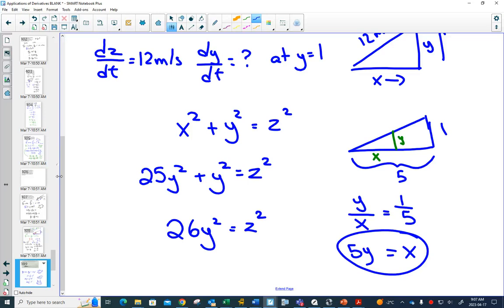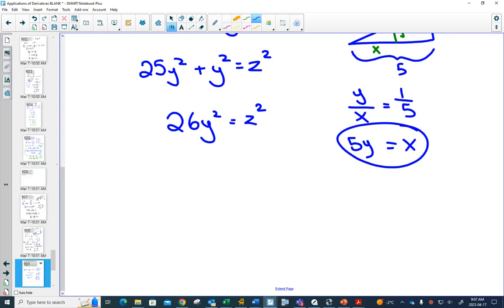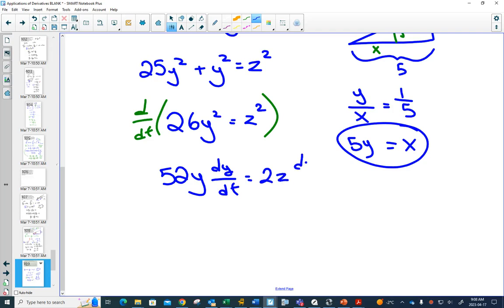What will this allow me to do? I can now take the derivative with respect to time of this equation. And we're trying to find this when the y value is 1, so the x value would be 5, and a squared plus b squared equals c squared would tell me that my z value is the square root of 26.